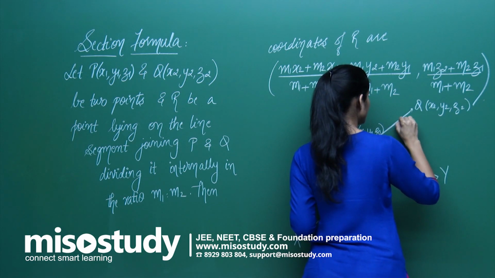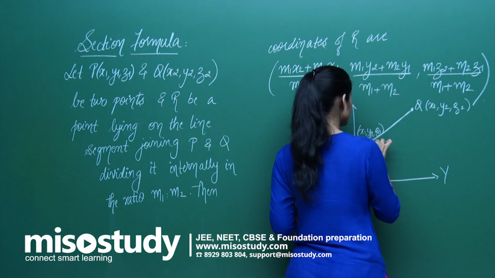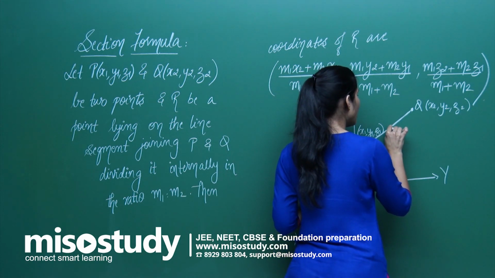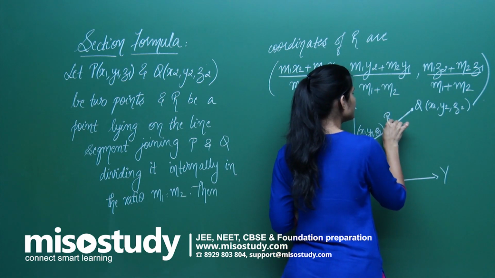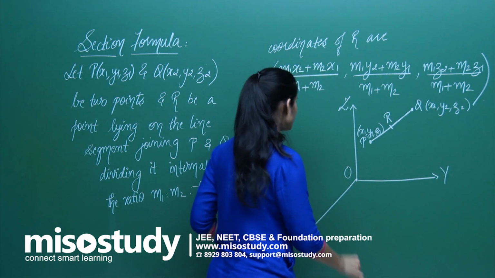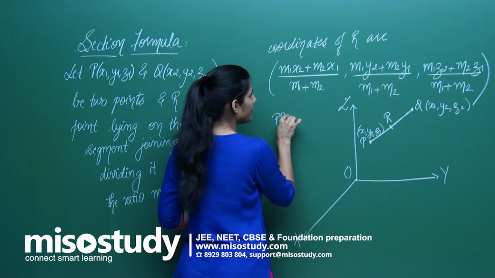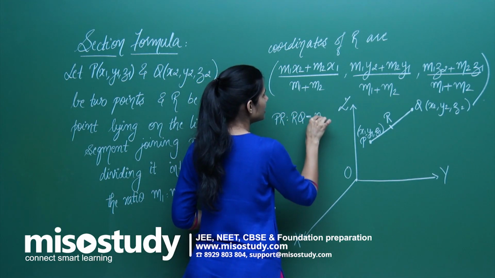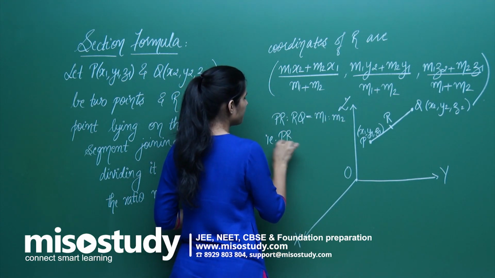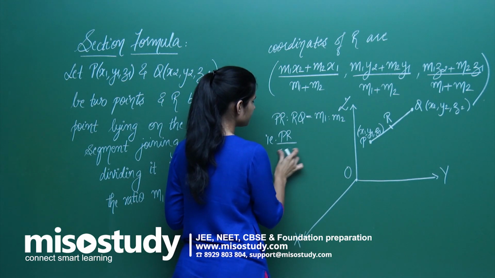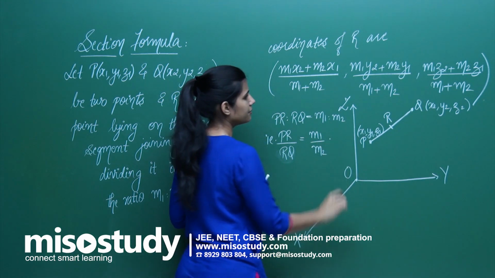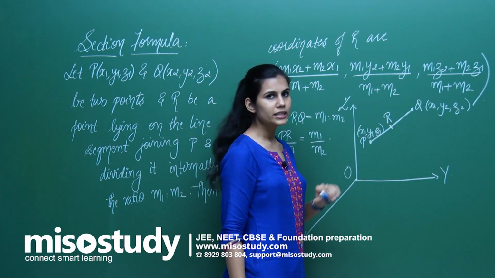It is given that there is a point R dividing PQ internally in the ratio M1 is to M2. So PR upon RQ is M1 upon M2. How to get the coordinates of R?